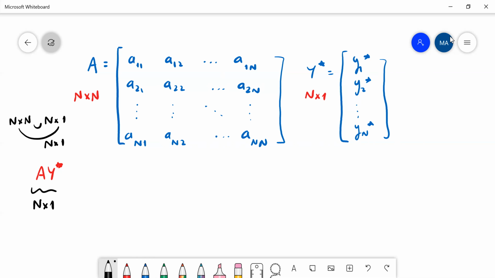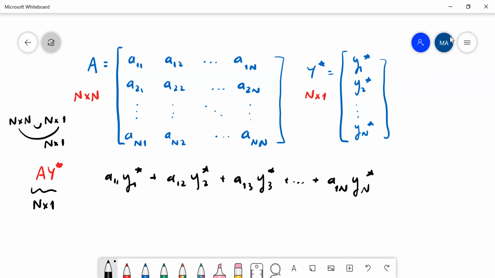So it's a column vector. So in the first row of this column vector, you have what? You have A11 times Y1 star plus A12 times Y2 star, A13 times Y3 star. Then finally, A1n times Yn star.